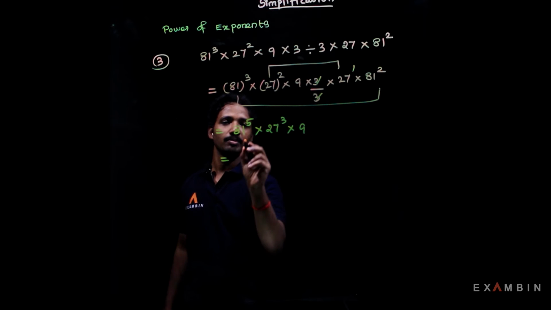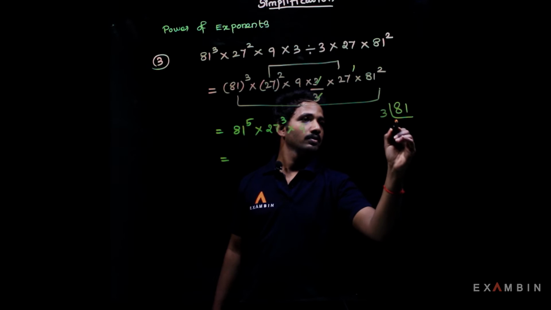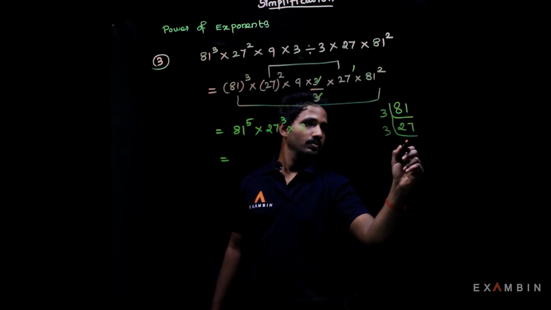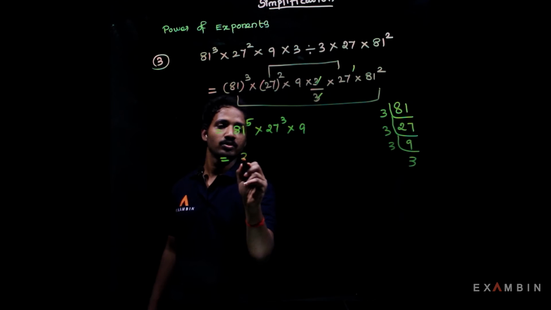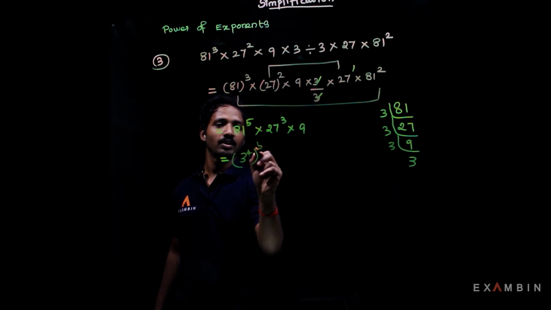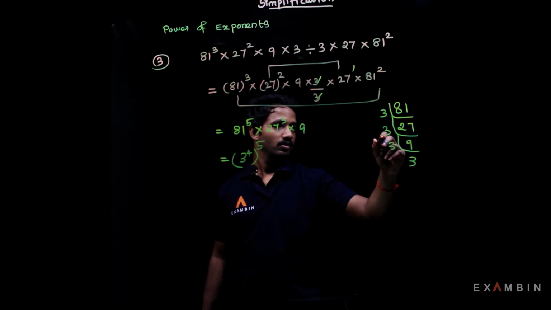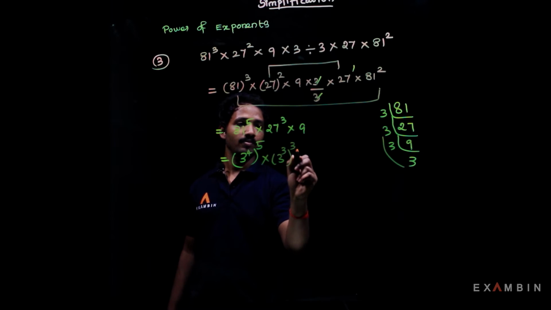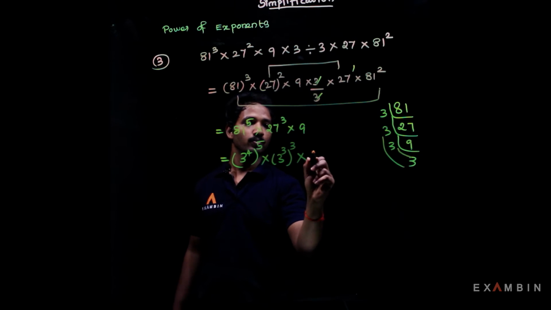Then we will simplify this. 81 is 3 power 4, so 3 power 4 into 5. 27 is 3 power 3. 9 is 3 power 2.